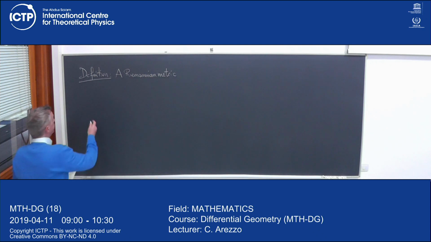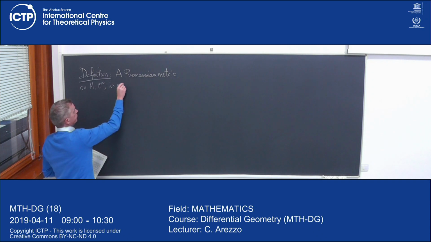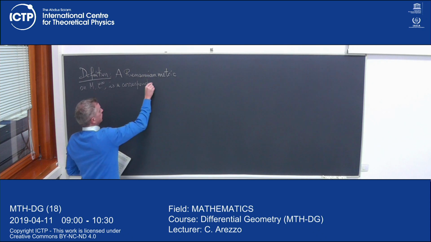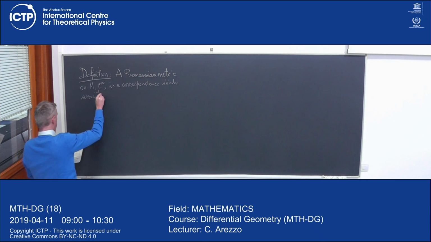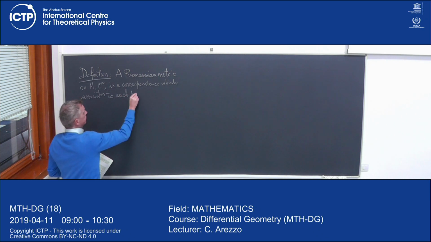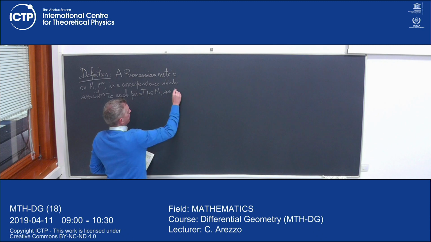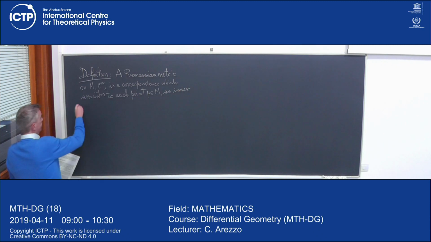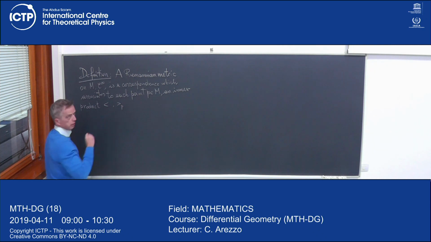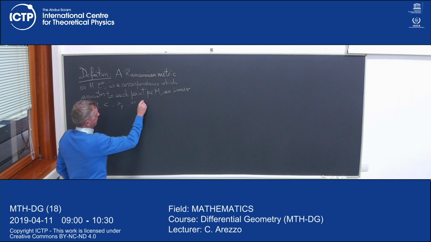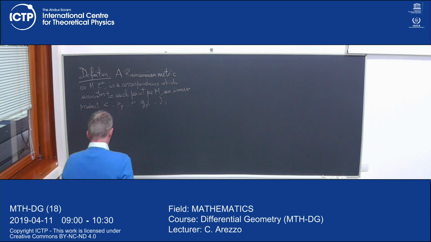So it's a correspondence on M, of course, on a differentiable manifold M, which associates to each point P in M an inner product, that we will denote by this or this, on the tangent space.